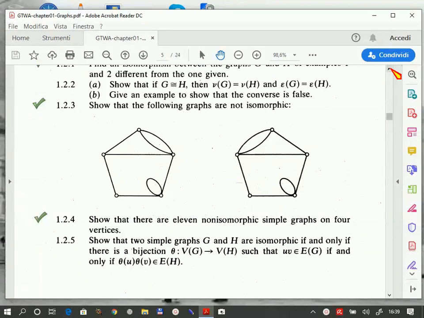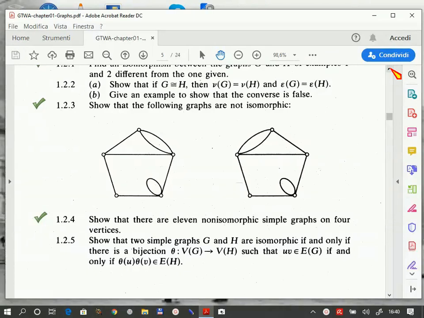The loop on the left has to go to the loop on the right, because we have on the left a particular edge which connects a vertex with itself. It has to go on the right to an edge connecting a vertex to itself. Correct? If we want to preserve the adjacency, the incidence.